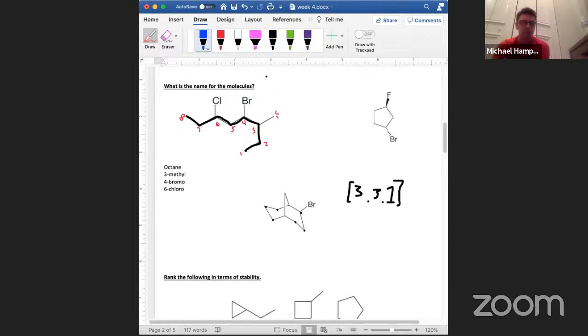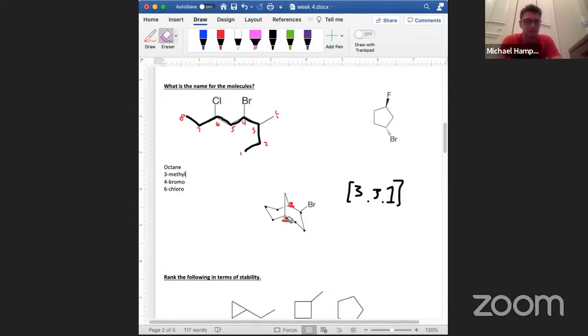All right, in starting our numbering, is number 1 on top or is number 1 on the bottom? So Ashley says top. Yeah, it's on top. Why? Because it's the closest to the substituent.